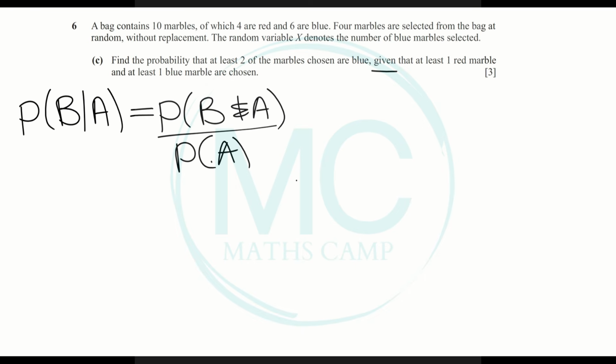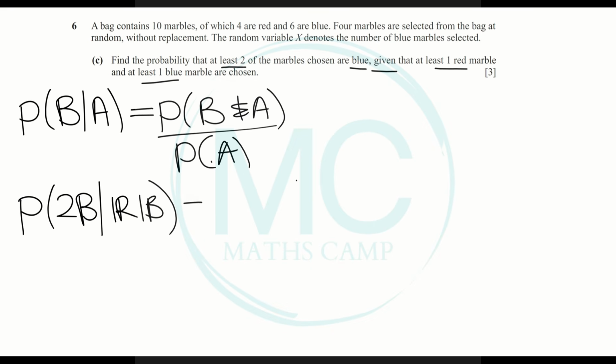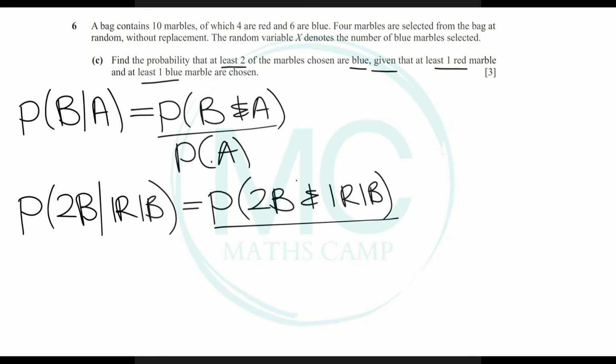In this case, we have the probability of at least 2 blue marbles. So let's say 2 blue, given at least 1 red marble and 1 blue marble. So this is equal to probability of 2 blue marbles and 1 red marble and 1 blue marble, all over probability of 1 red marble and 1 blue marble.